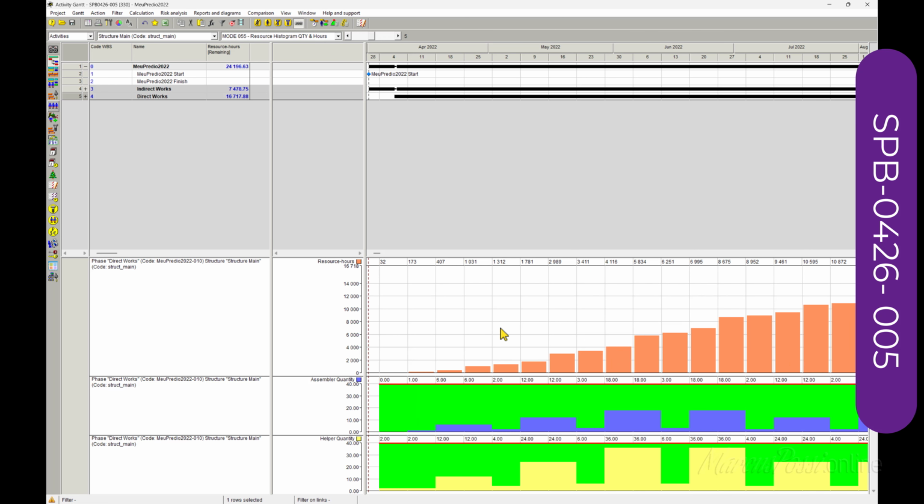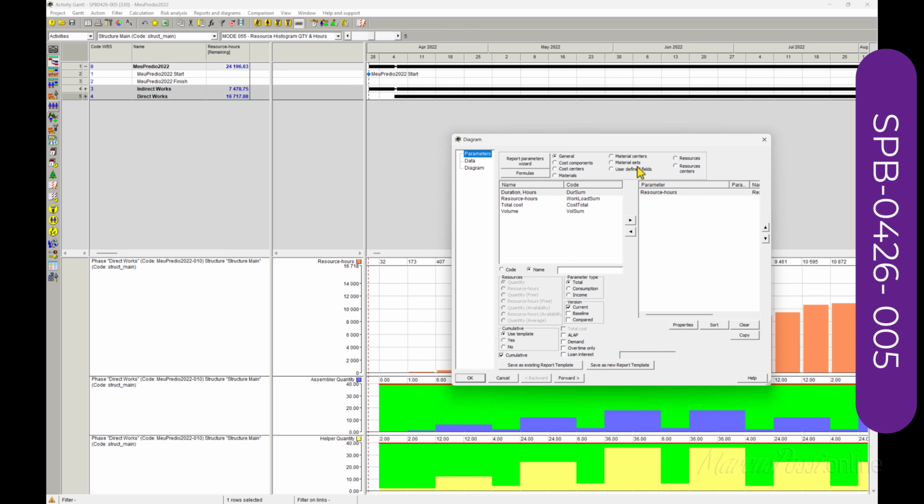Resource hour is not a resource center, so it would not help us to show it. Resource center, contra labor. Labor is a resource center.